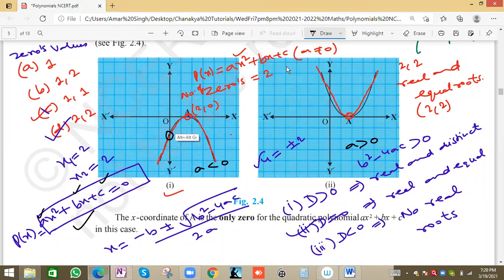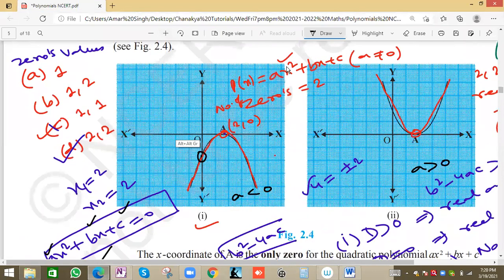So one is 2 comma 0. Second one, if you see, this point is on the graph, and we can plot the exact point. Almost this will be 0 comma minus 1.5. Then we can take one more third point that we can plot easily, so that we get an exact position.